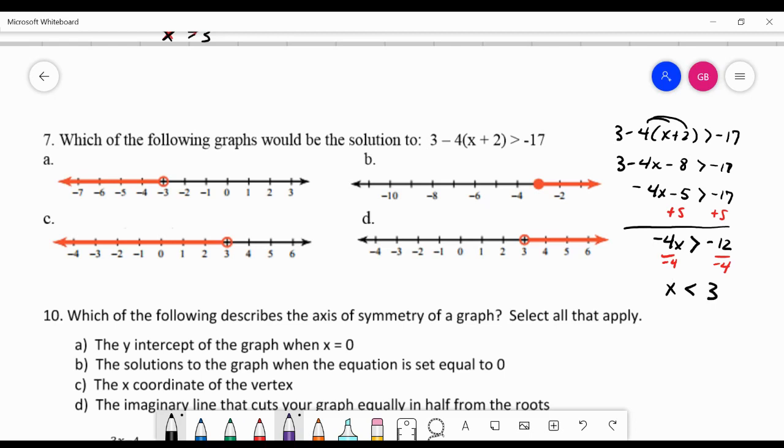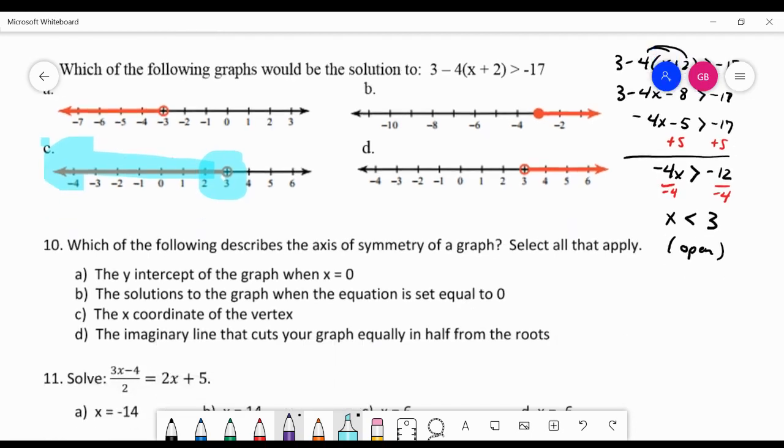So x is less than 3. So this is going to be an open plot at 3. So it's either going to be C or D. And since it's less than, it goes to the left. So C is my correct answer.